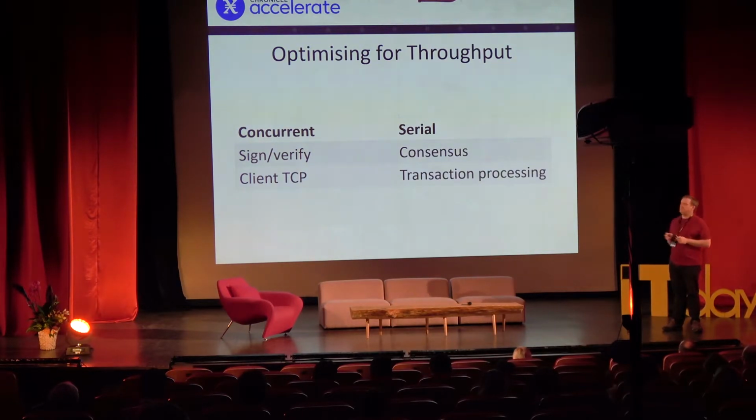Fortunately, most of the CPU power in a blockchain solution is devoted to something that can be done highly concurrently, and that is the signing and verifying. Each individual message can be signed or verified independently, so you've got a very concurrent problem there. Also, managing all of the client connections is like in a web service, and can also be done concurrently.